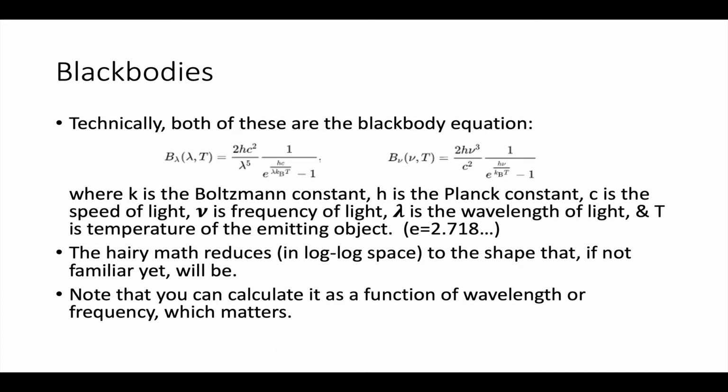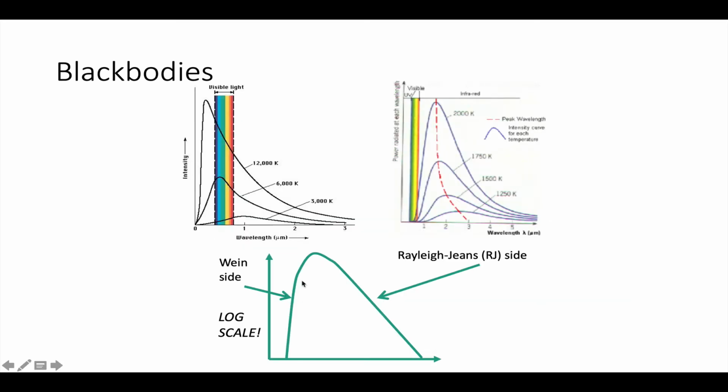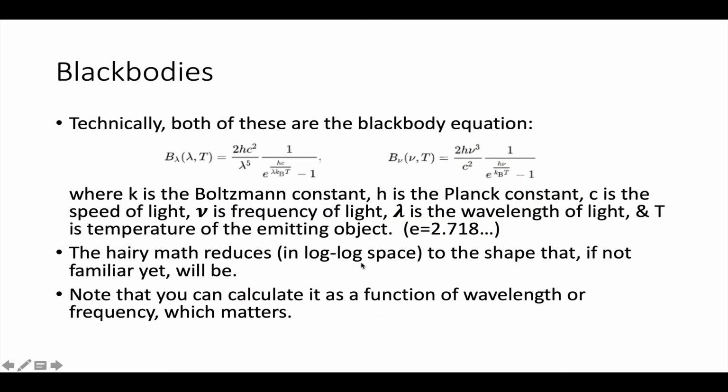And of course, e is the 2.718 mathematical constant. So you can see that it's pretty complicated, but when you plot these in log-log space, it looks like that shape. And that will become familiar if it's not familiar already. Note that this really is a function of wavelength and that really is a function of frequency, and it's not just a matter of plugging in lambda nu equals c because there's calculus involved here.